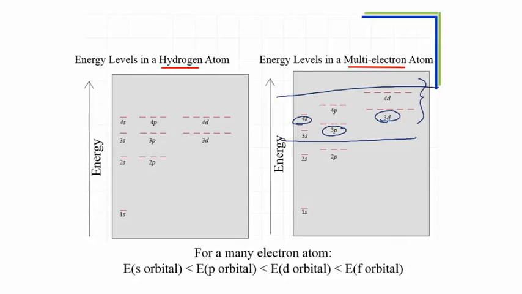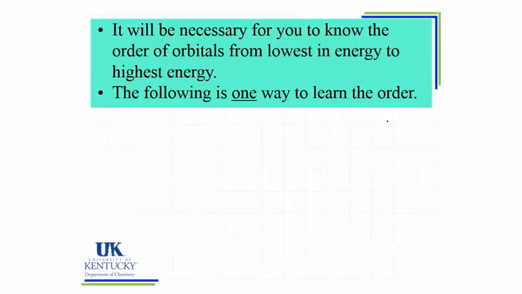So there's a couple of ways that you can determine it, and this is going to be one of them. What you can do is write the orbitals, actually, I'm going to write them as sublevels. The first one I'd put down is the 1s, because in the first shell there's only the s subshell. Then I go to the next level.